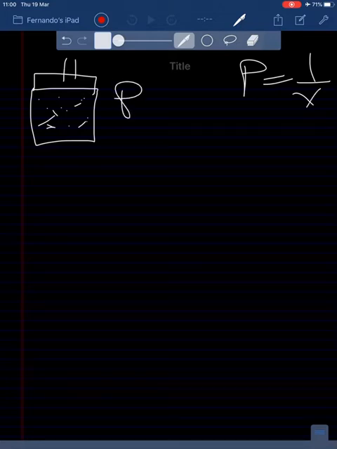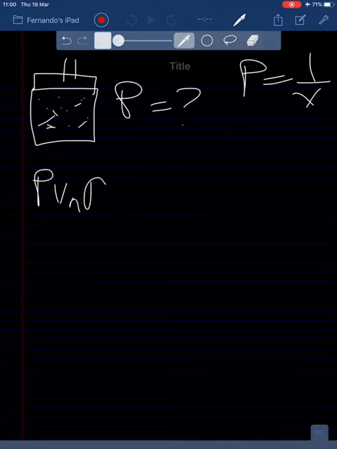So the question here is going to be pressure. How am I going to measure it? Well, I need to set my parameters according to P, V, and RT. Sorry, let me erase this.